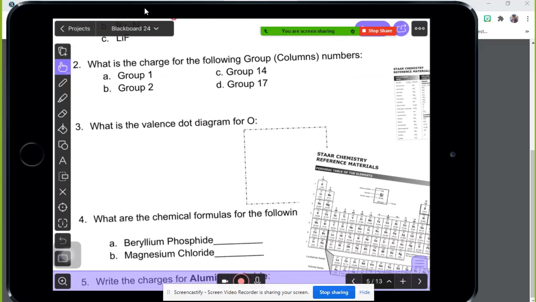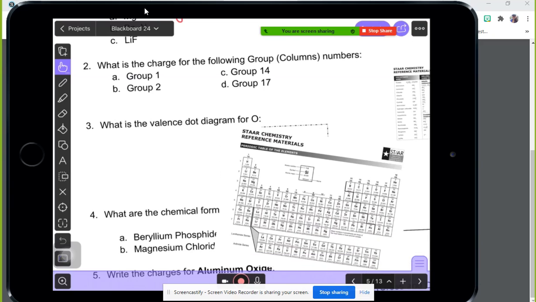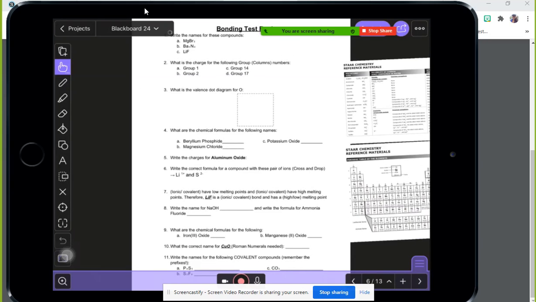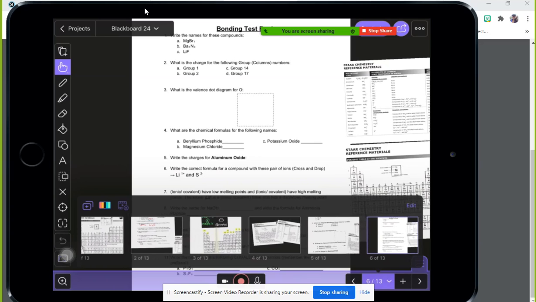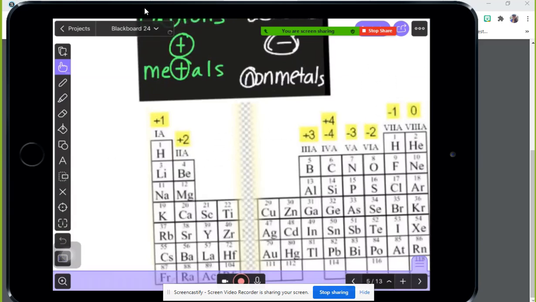All right. Real quick. When you're dealing with your charges, I hope that I don't have to remind you of this because you have plenty of resources where you need to look for those. Including if you look at the next page of your review. Okay.